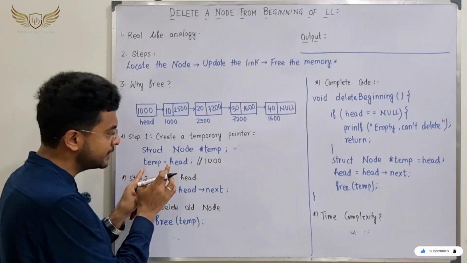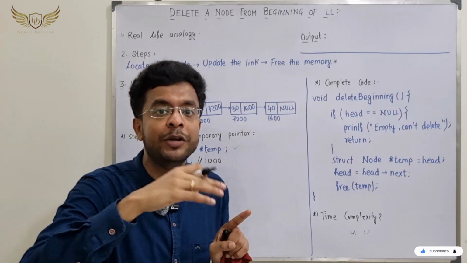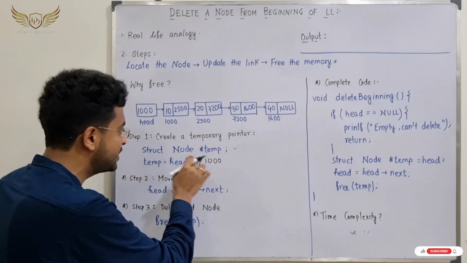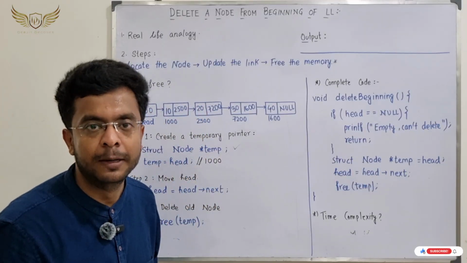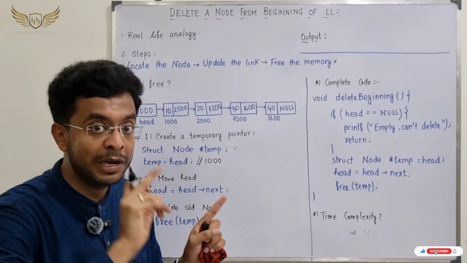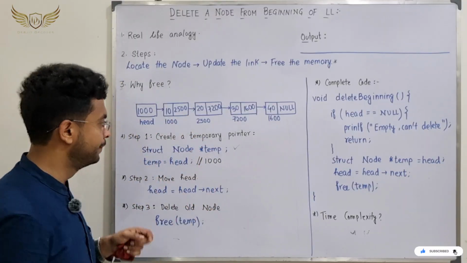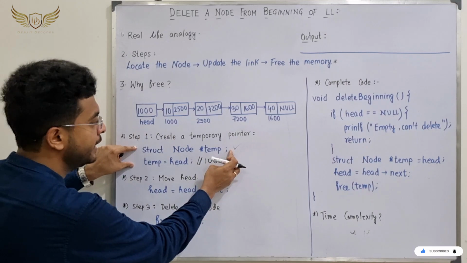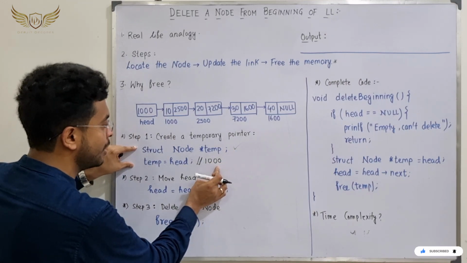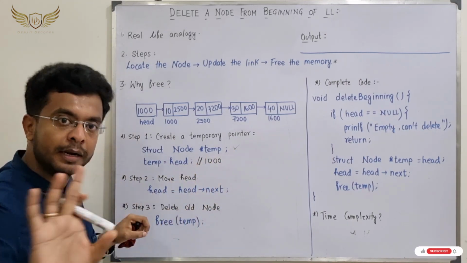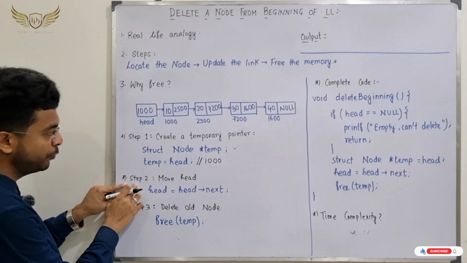For the time being, let's assume that, as in case of insertion when we wanted to traverse, we are following the same step here as well. Will it traverse? The answer is no. But why is this temp needed? I am coming to that. So for the time being, we have created a temporary pointer and we have copied the value of head into the temp. Done.